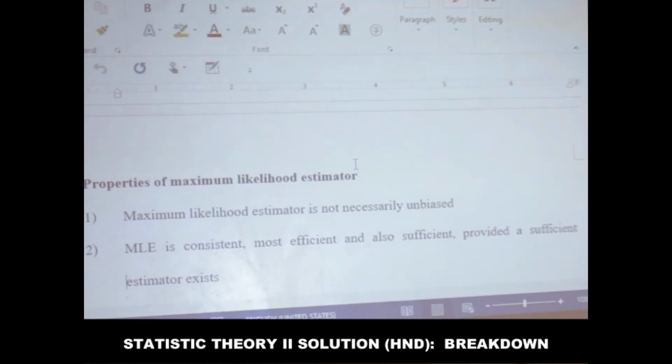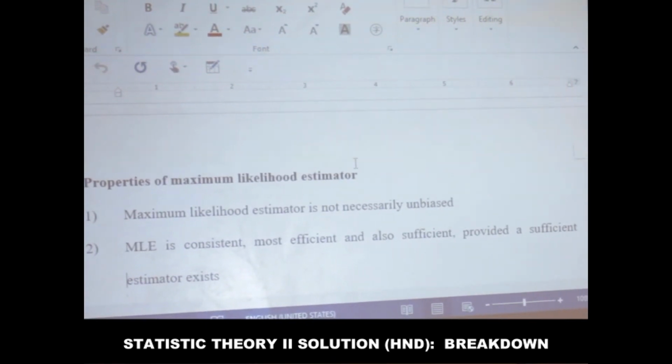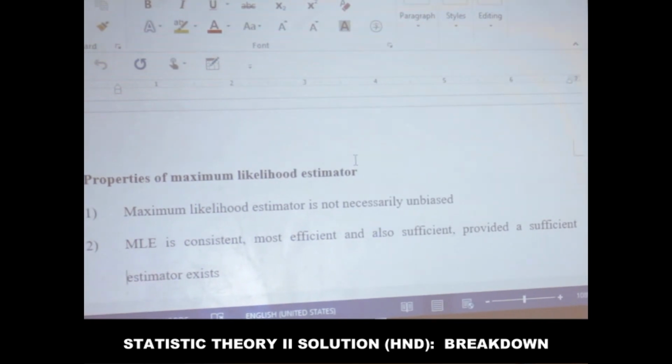So if you have a solution that is unbiased and they ask you to look for the maximum likelihood estimator, don't say you are wrong, because one of the properties of MLE is that it is not necessarily unbiased. It can be biased, it can be unbiased. It is biased when lambda is equal to 1, it is unbiased when lambda does not equal 1.